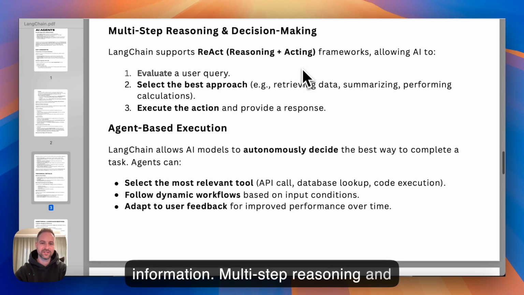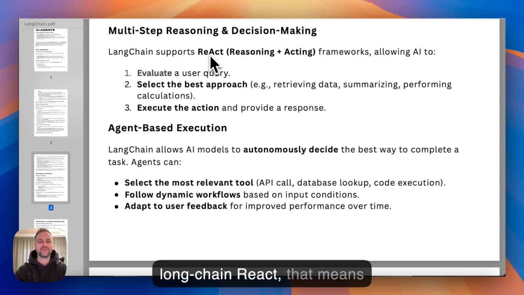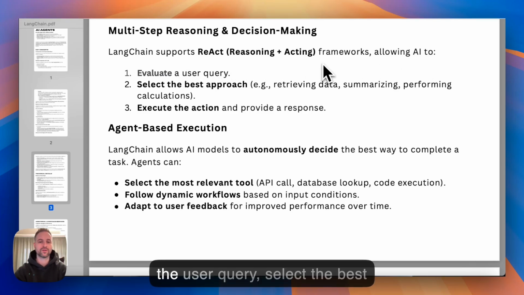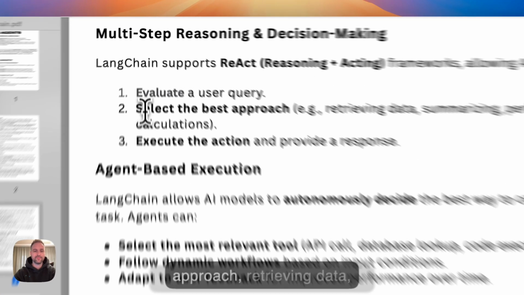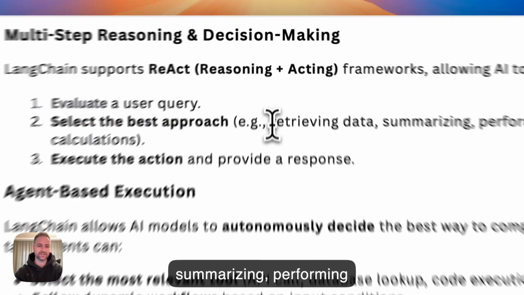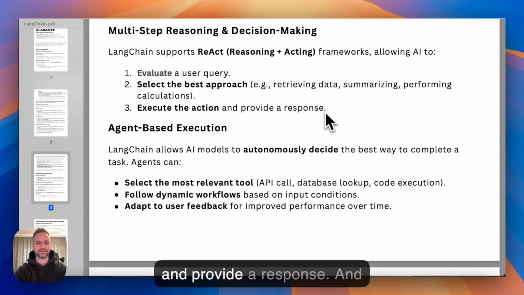Multi-step reasoning and decision-making is enabled by LangChain ReAct, which means reasoning plus acting frameworks, allowing AI to evaluate the user query, select the best approach, retrieve data, summarize, perform calculations, execute the action and provide a response.